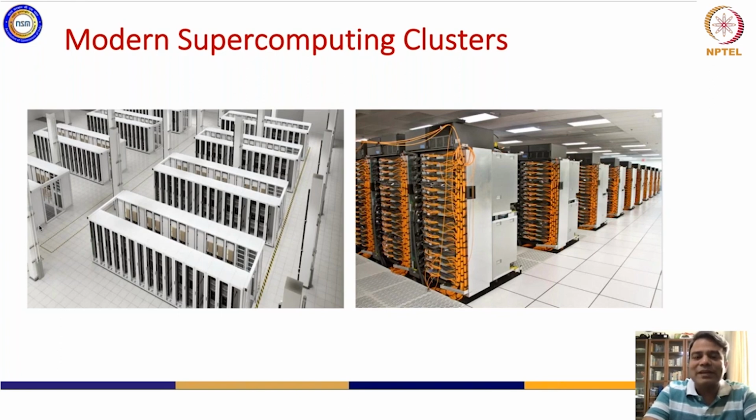You cannot have that in a clustered environment. So a new paradigm of exchanging data came into play, which is called message passing, which most of the people in the HPC domain or AI domain are aware of.